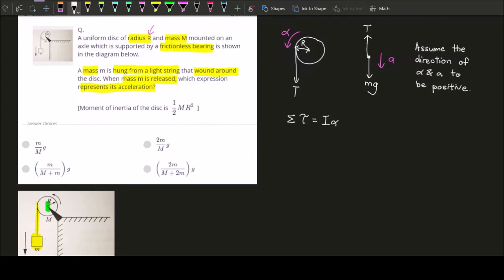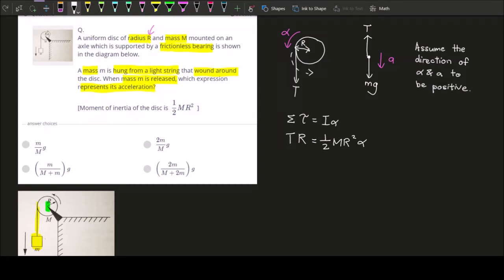Okay, so with that said, our torque, the only torque will be T times R. And because this torque is going in this direction, the same direction as alpha, it's a positive torque. Then it will be equals to I alpha. I, they tell you it's half MR squared from the question.